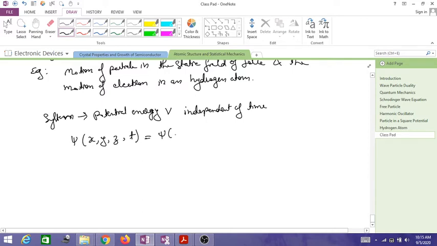So this can be written as the state function with x, y, z and t as ψ of x, y, z times phi of t. Let us call this equation number 2.